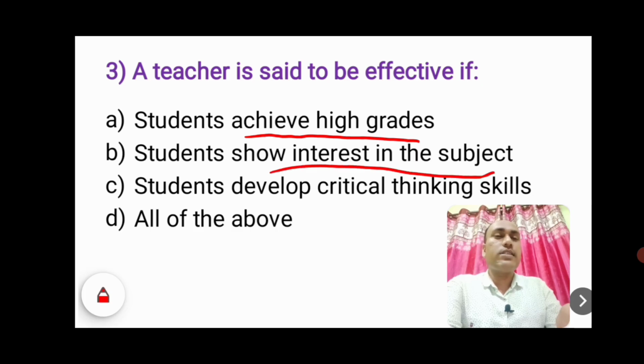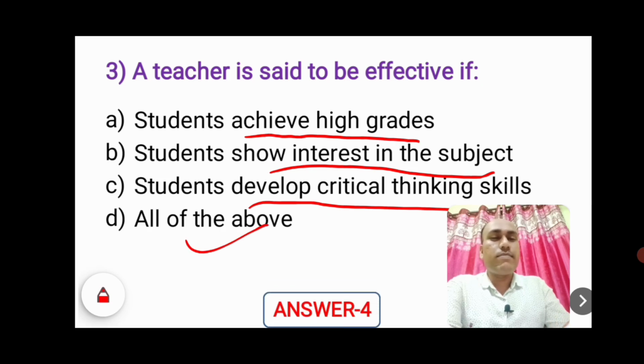It is also necessary because in a class, if the students are showing interest in the subject, that means the teacher is very interested in teaching and the class is interesting. Option C is students develop critical thinking skills. Yes, it is also necessary because a teacher develops the ability of thinking critically among the students. So it is also a core requirement in teaching. So the answer will be all of the above.